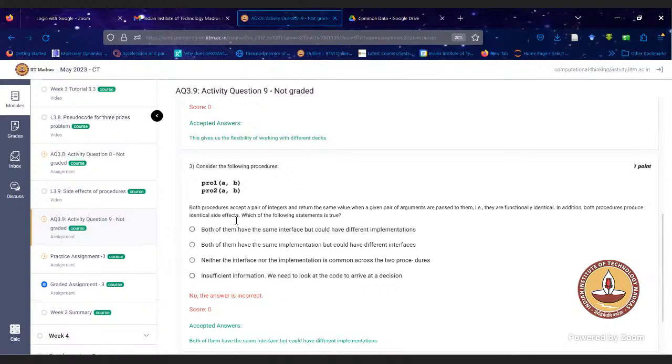But because of the pseudocode with which they implemented the code in each procedure, the implementation could be different. Pay attention to the word could. It doesn't say that it will have a different implementation, but it could. There is a possibility that the code is implemented differently in Pro 1 and Pro 2. Does that answer your question?